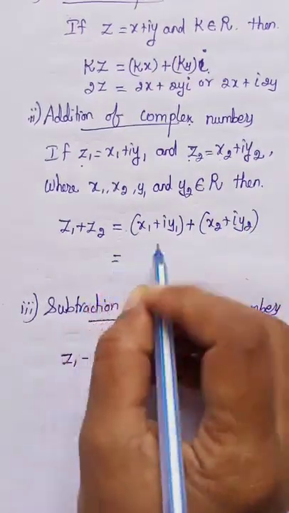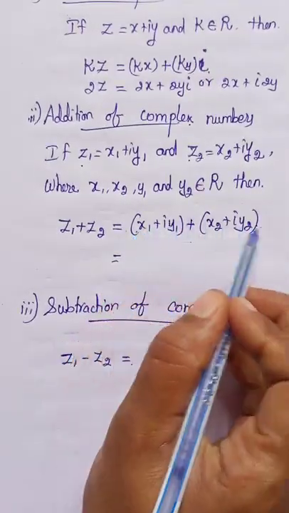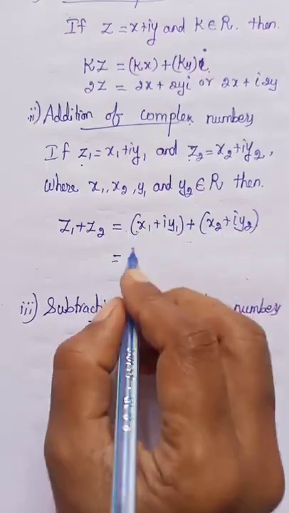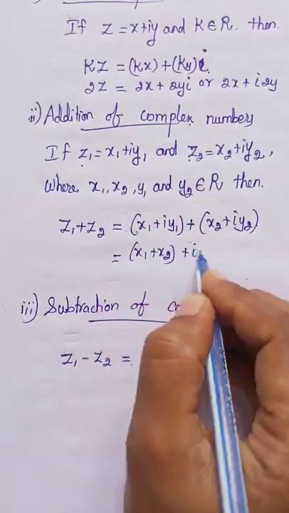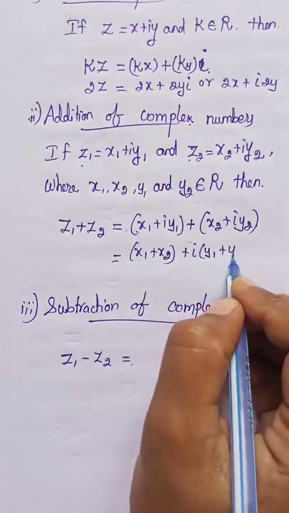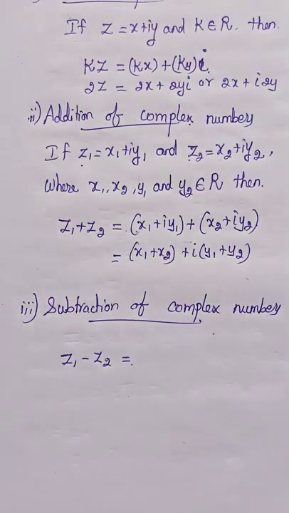We should add only the real part as well as the imaginary part separately. So when we add, that is x1 plus x2 plus i into y1 plus y2.